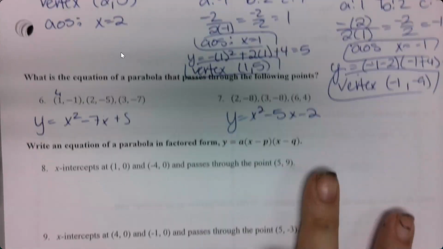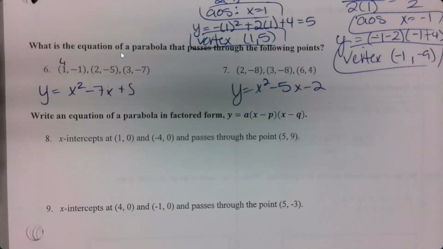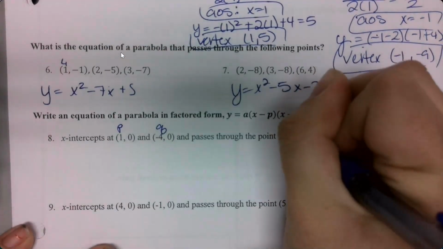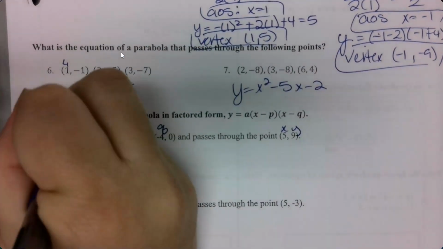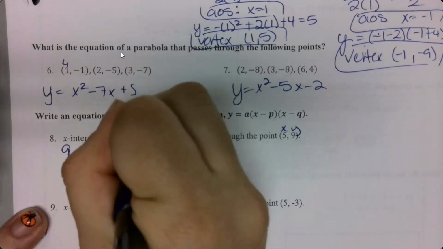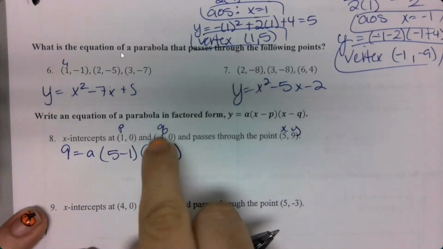Okay, so these last ones on this side want me to write an equation of the parabola in factored form. Y equals a times x minus p times x minus q. It gives me my x-intercepts. This is my p and q. And this is my point, so this is my x and y. So I have 9 equals a times 5 minus 1, 5 plus 4, because I do opposite the sign.